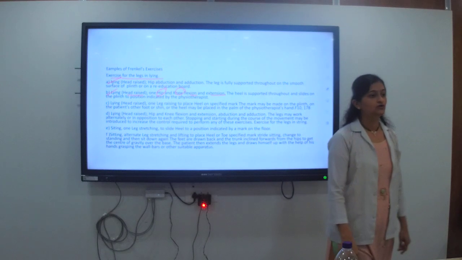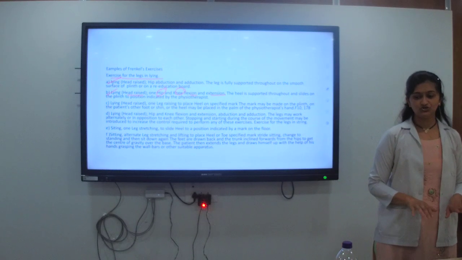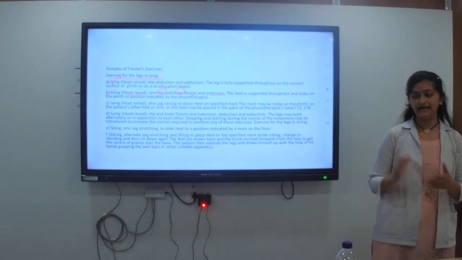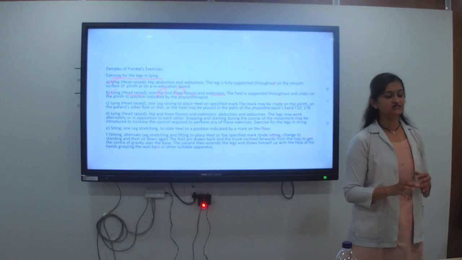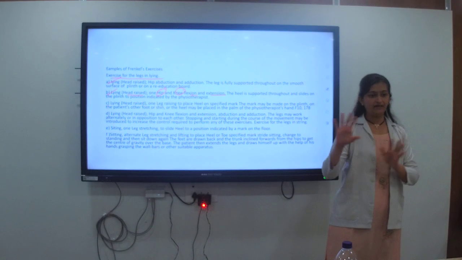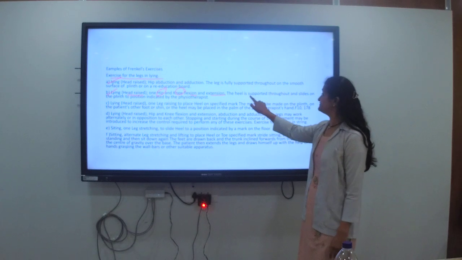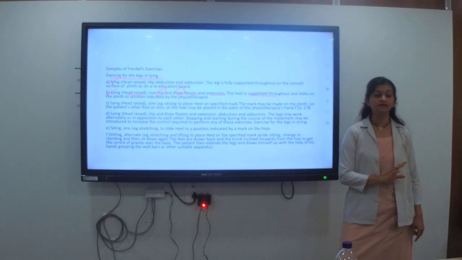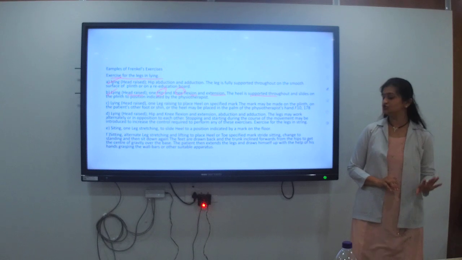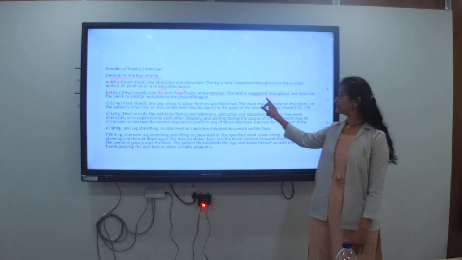So how will you do it? If the patient is in supine position, lying supported with the head raised, you ask the patient to flex the hip and knee together. The heel is supported throughout. This is very important. The exercise should not be an open chain exercise. It should be a closed chain exercise. So what is this closed chain?